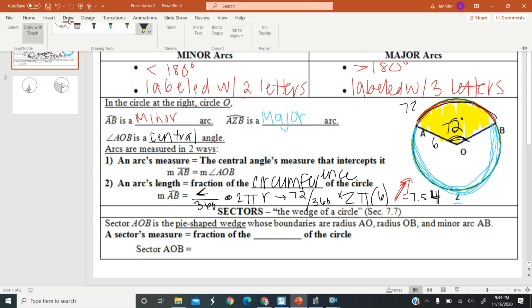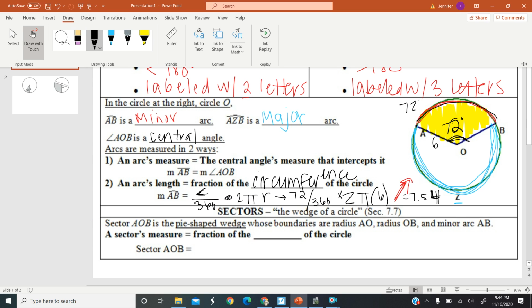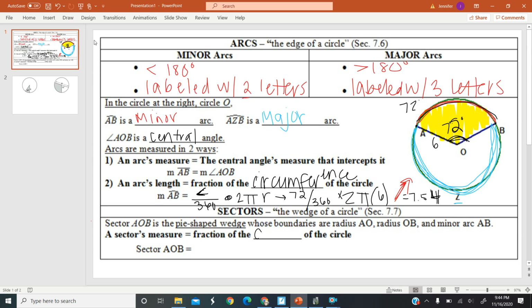And so I said a sector's measure is going to be a fraction of the area this time of the circle. So just like with arc length, you're going to be using a fraction of the circle. To get the fraction of the circle, it would be that central angle measure again, divided by 360.